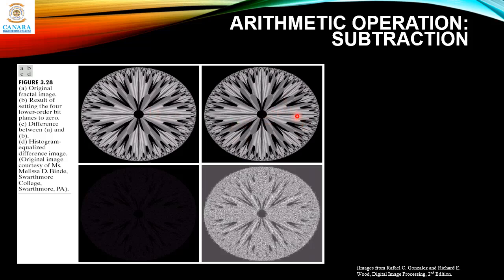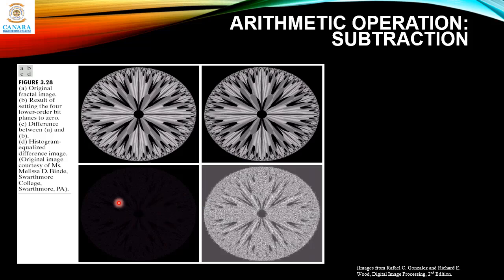What's happening here is you have the 8-bit original image, and in that you are making the last 4 bits, the LSB 4 bits, as 0, and this is the image that you get. For a human observer, it's very difficult to make the difference between the two. It looks similar. Now if you perform the subtraction, this is the resultant image. It looks darker, but this is what we get.